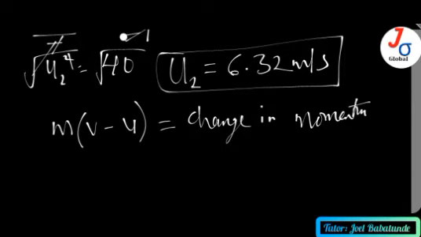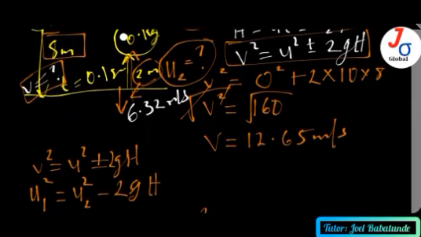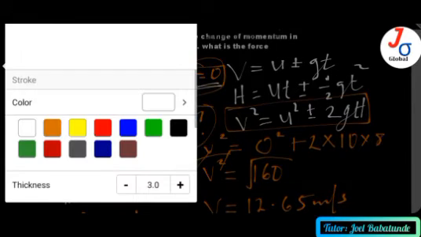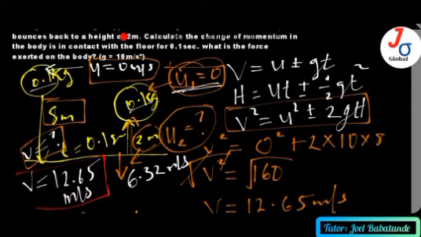Now, this body has the same mass, 0.1. It starts, then from here it changes from this v. We've gotten this v earlier. We got this v to be 12.65 meters per second. So we can see that there's a change in this, and a change to this when there is an impact.